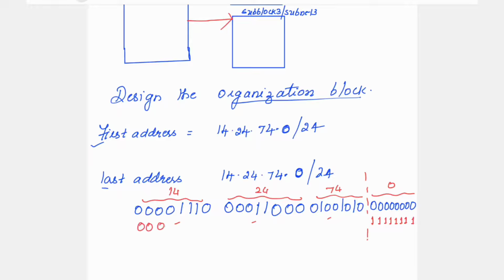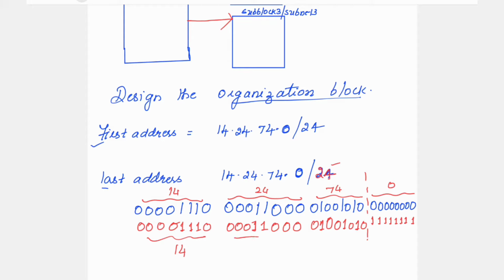Only the remaining 8 bits you have to convert into ones. I am writing it again to show that in order to find the last address in the organization block, the first 24 bits you keep as they are. Why only 24? Because the prefix length given in the problem is 24. The remaining 8 bits will be ones. Now convert this back into decimal.